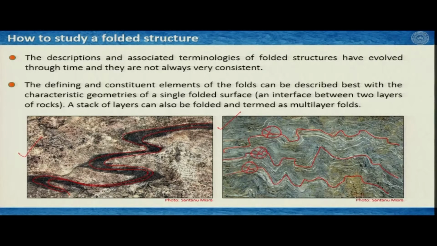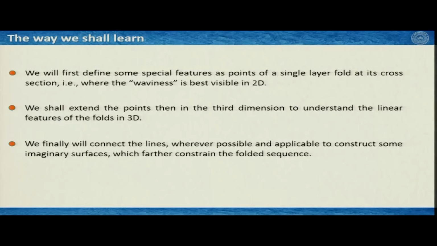So, how will we proceed in this lecture? I wanted to give you this slide that we will proceed in this lecture in a very structured manner, and how will we do that? It is written in this slide. We will first define some special features as points on a single layer fold at its cross section.